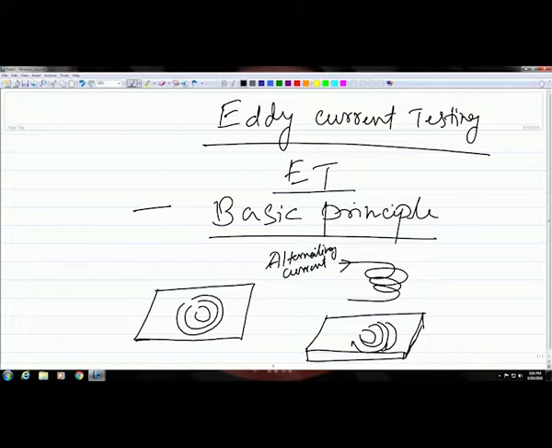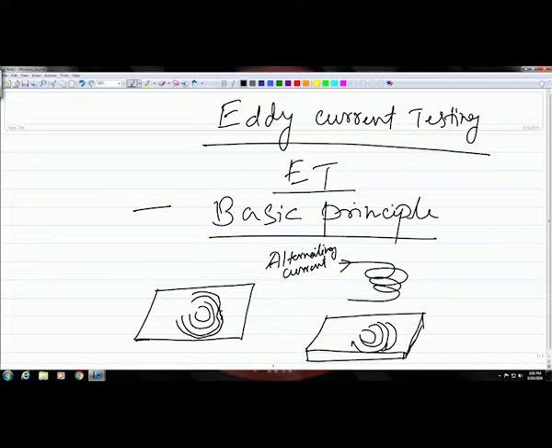But now, let us say there is a small discontinuity on the surface. Let us say there is a discontinuity over here. So, when the current encounters this discontinuity, the flow pattern around this will be disturbed like this.